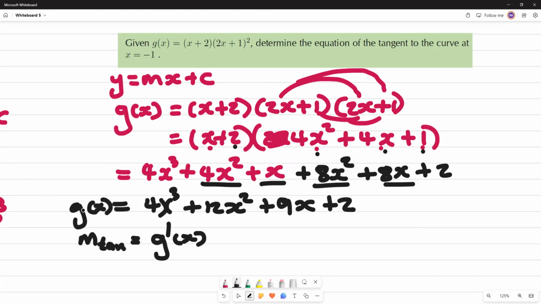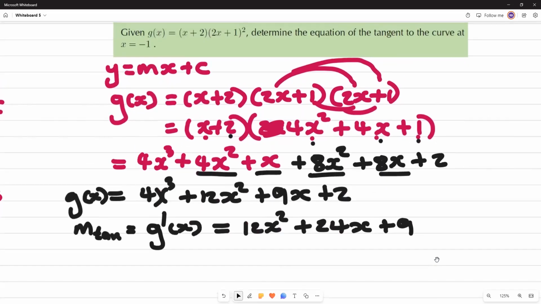So this curve, we're going to derive it. We can see here we're going to have 12x squared, and then plus 24x, then plus 9. Remember, we said the derivative of a constant is 0.